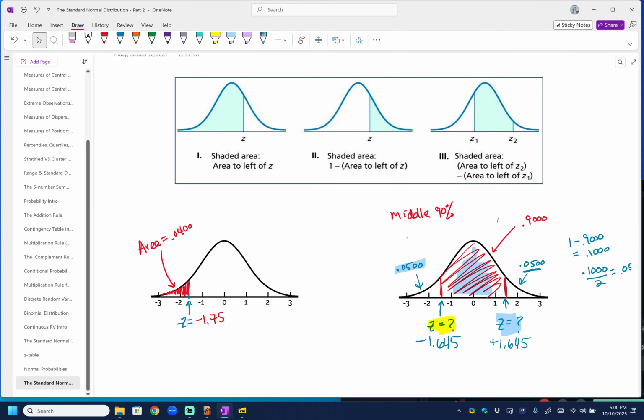Whenever you give the area below something, if you recall from earlier on in the course, that represents a percentile. So if I wanted to refer to this z-score based on this area, you'll note that 0.04 represents 4%.